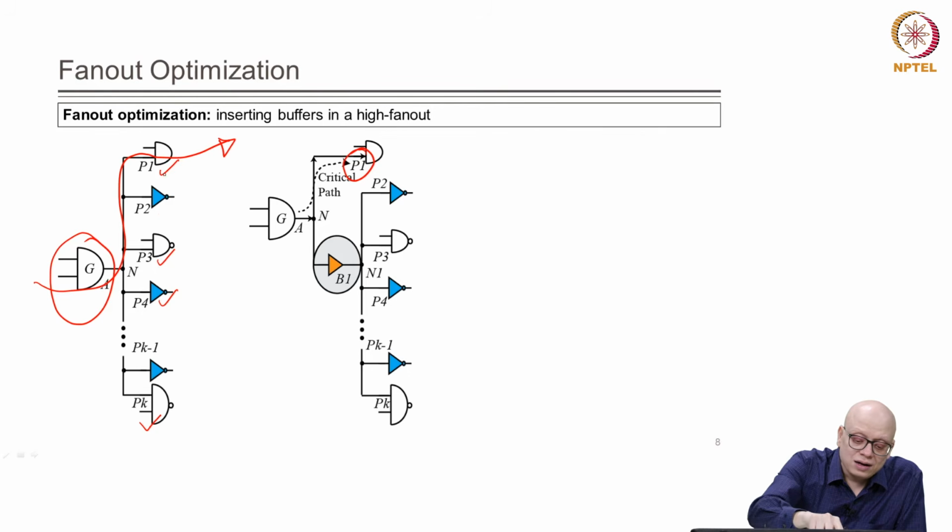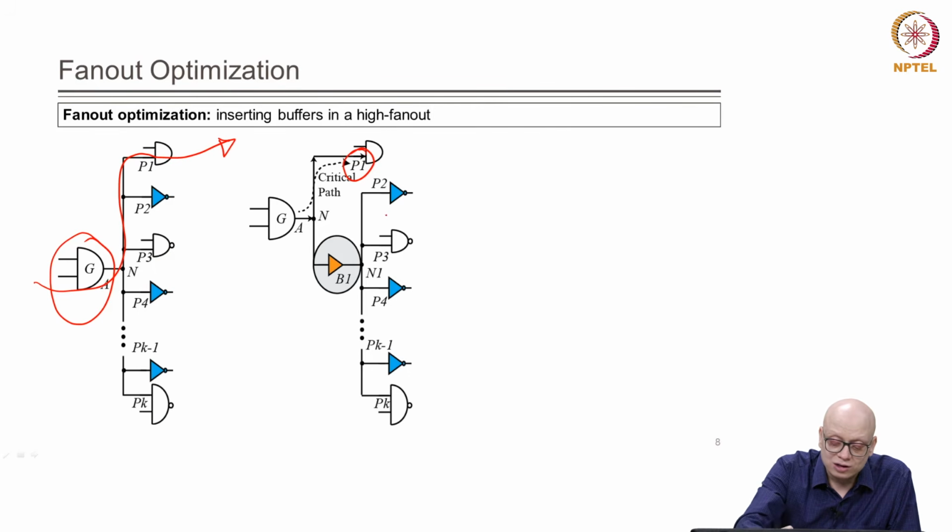So, what we can do is add a buffer for the rest of the sinks. We add a buffer B1 which is driving P2, P3 to Pk, and P1, which was timing critical, is directly driven by this gate.